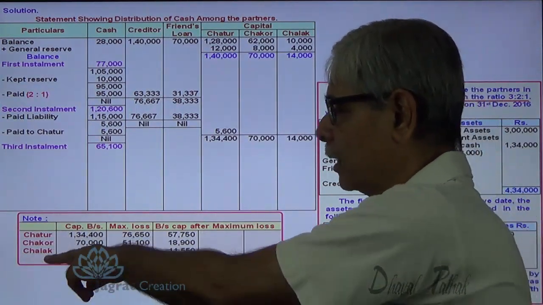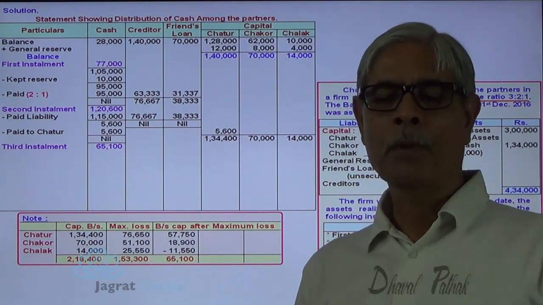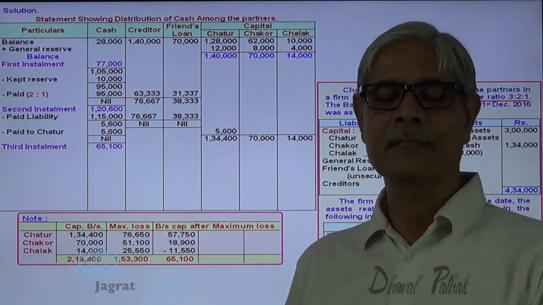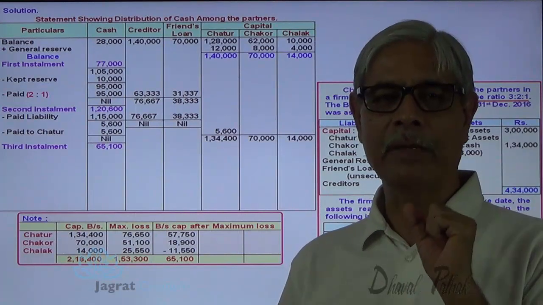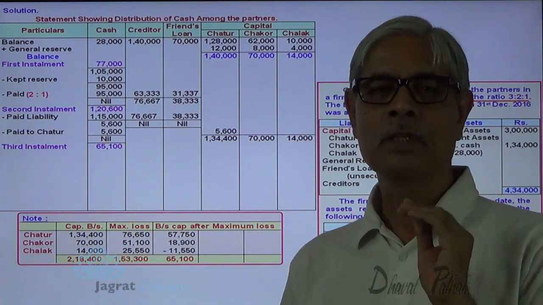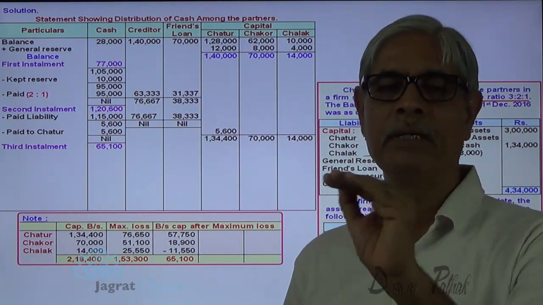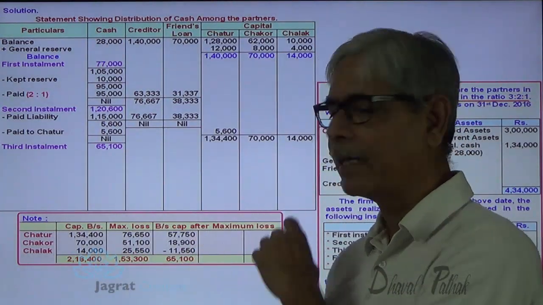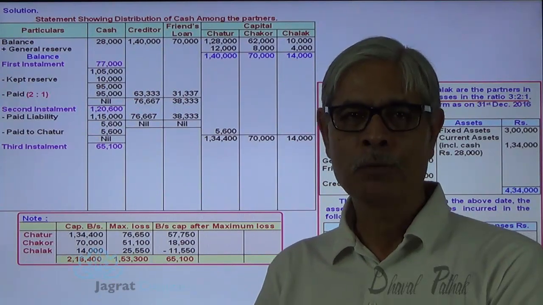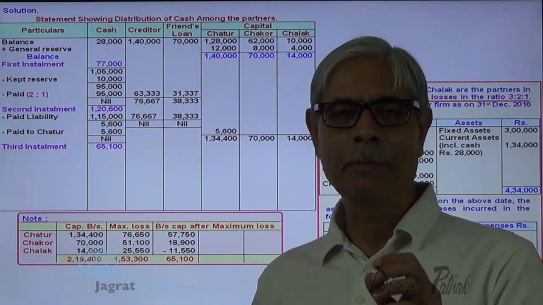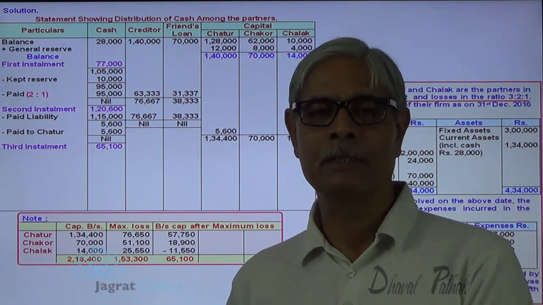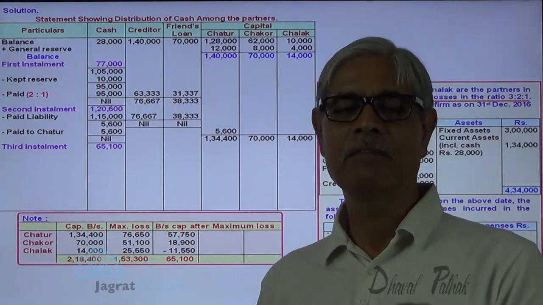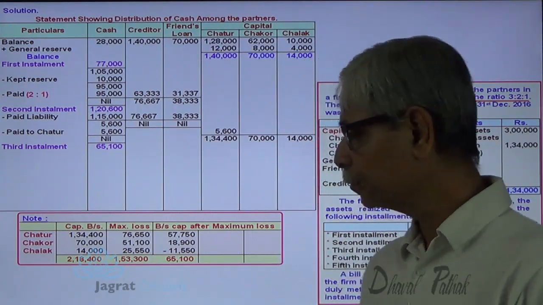Here in this sum, Chalak is not insolvent, but when you apply Garner versus Wood for capital deficit of any partner, that partner is presumed to have been insolvent. Here Chalak is not insolvent. So though I use the word capital deficit or capital shortage, that is not at par with the meaning of the word capital deficit that you studied in Garner versus Wood cases.